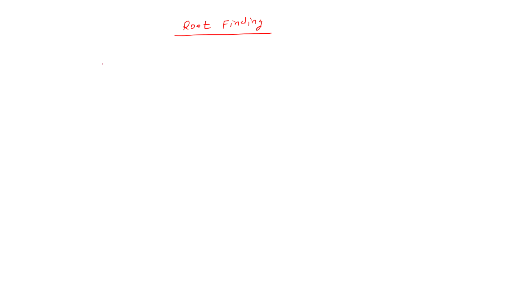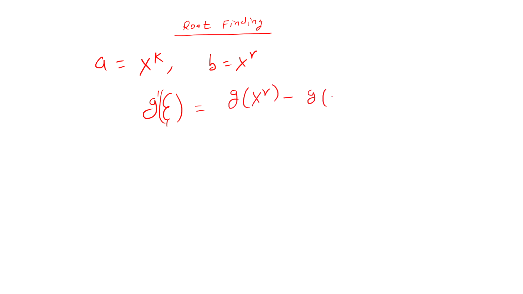Now if we take a equal to x k and b equal to x r, let us follow the same convention, then from the previous expression g prime chi will become g of x r minus g of x k upon x r minus x k.